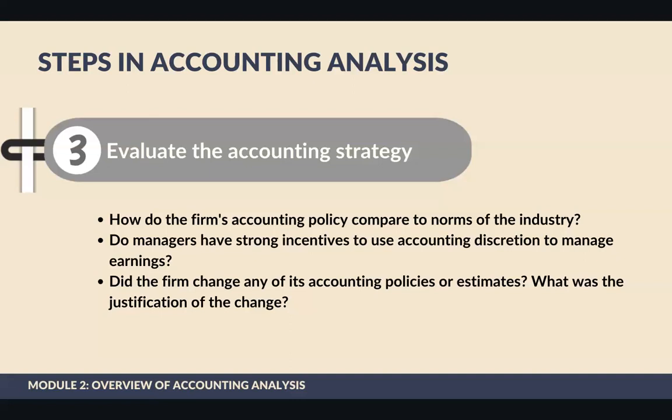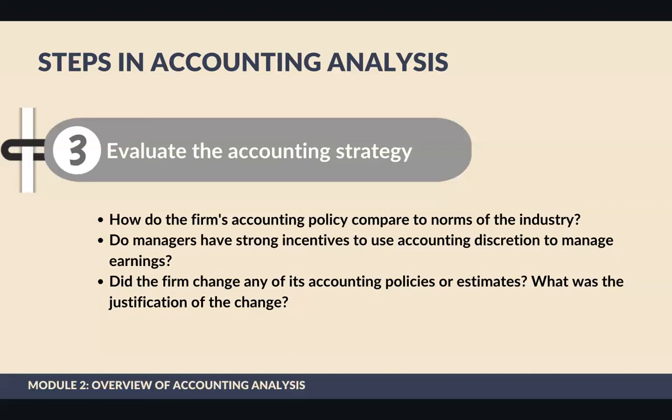Next, do managers have strong incentives to use accounting discretion to manage earnings? This is actually connected to some of the reasons why management is incentivized to manipulate accounting data through accounting policies, because we may use accounting policies and estimates to our advantage.